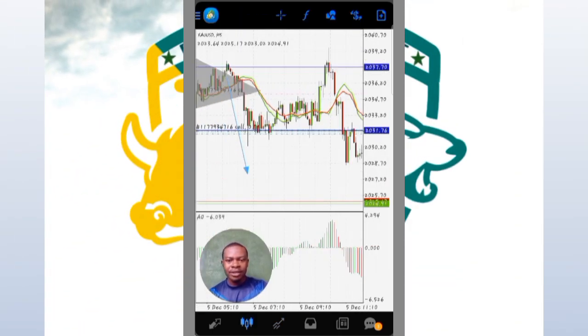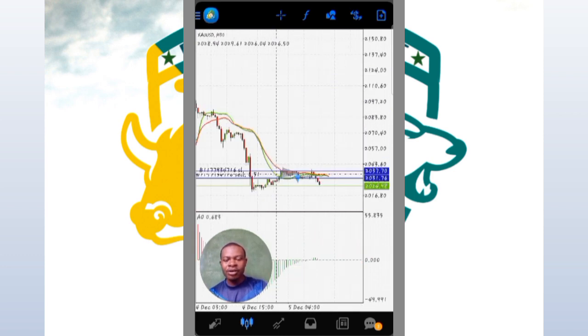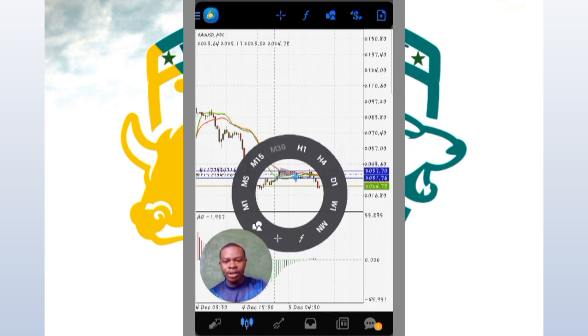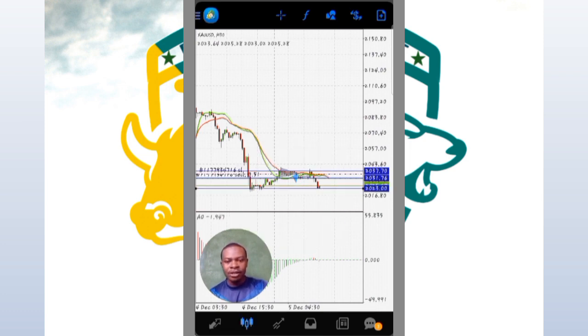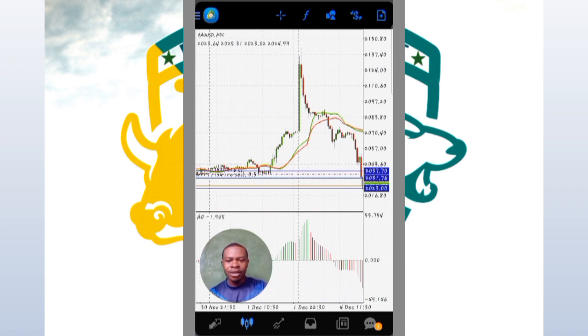You can see that since the beginning of the day, the market is struggling, trying to break below the previous support area on the 30-minute time frame, which if it definitely breaks, it will be heading towards the next support zone.